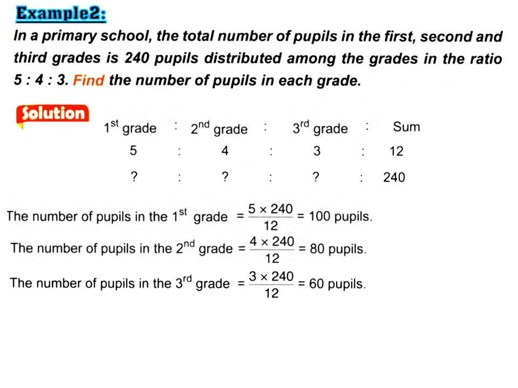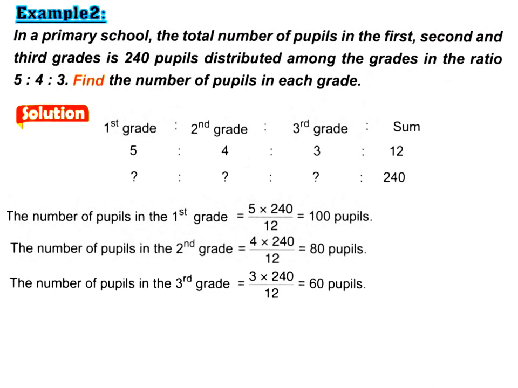Okay, to check your answer, I will add the number of pupils in the first, second and third grades. It will be 100 plus 80, 180, plus 60 equals 240. 240 is the total number of pupils in the primary school.